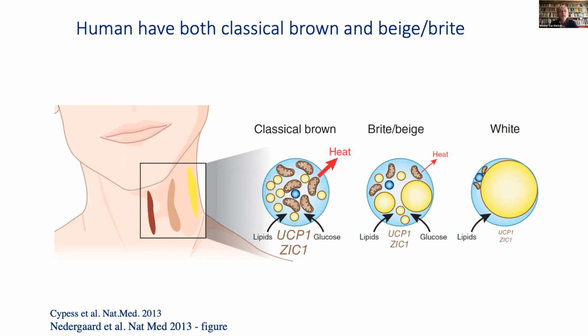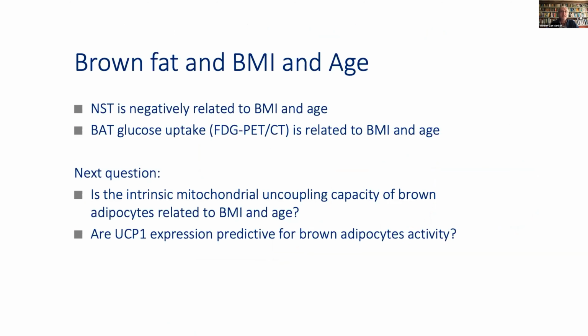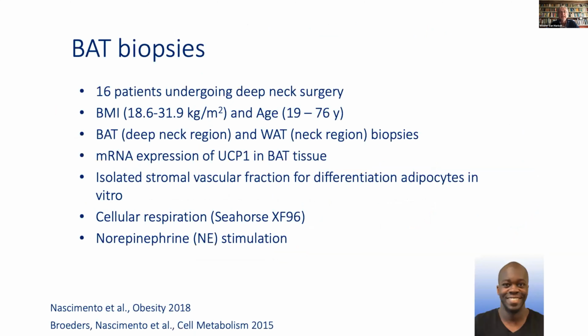So we have seen that there's a relation between non-shivering thermogenesis and body mass index and age. We have seen that brown adipose tissue is also related to that. So the next question we raised is whether this is really linked to the cellular characteristics of the brown fat. Therefore we did a study in cells.